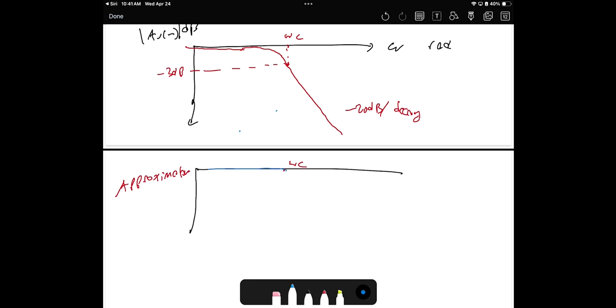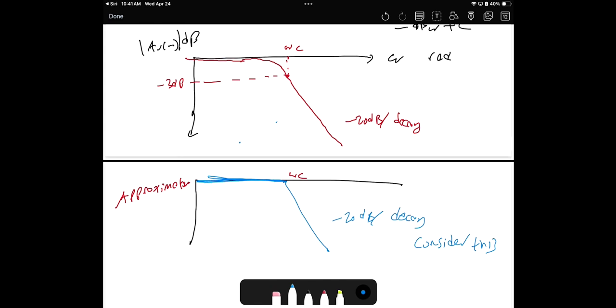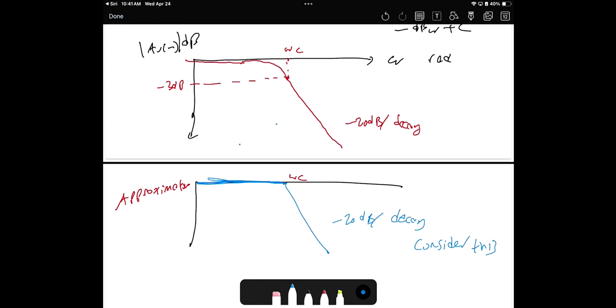Before omega c it is 0. After omega c it will be negative 20. So that's what we will consider. We will not consider omega c as negative 3 dB. We will consider omega c as the critical frequency, where the amplitude response will matter.